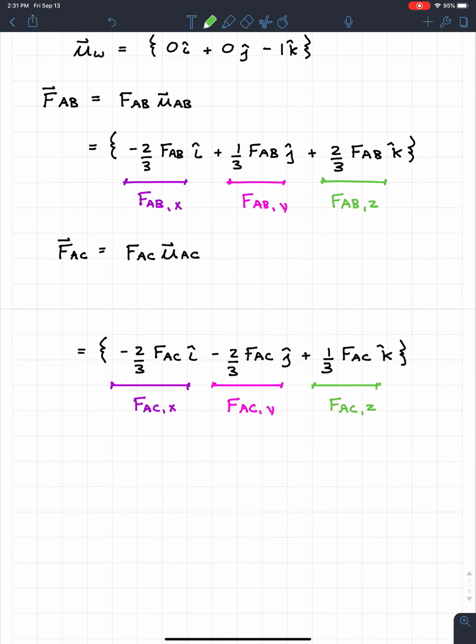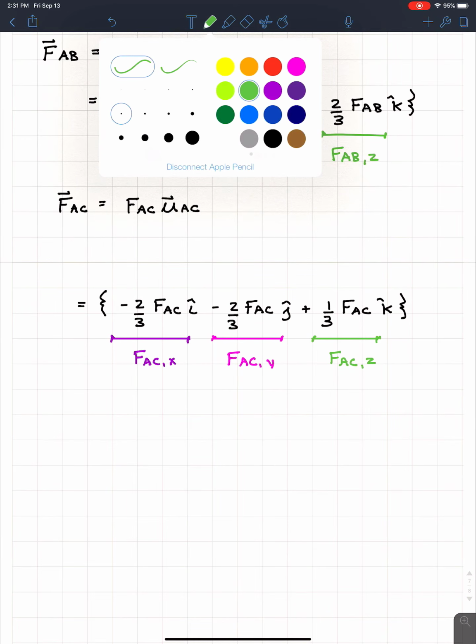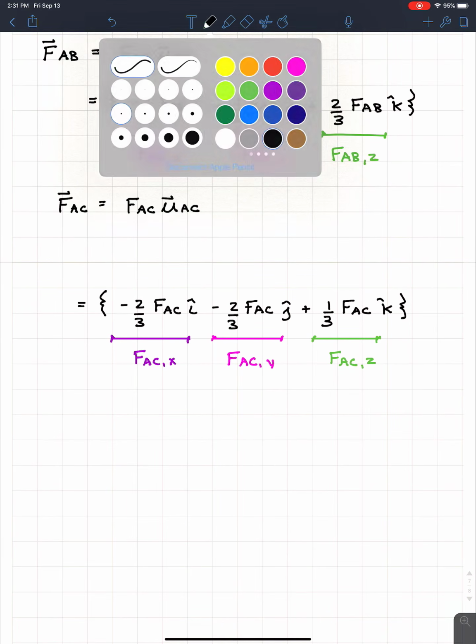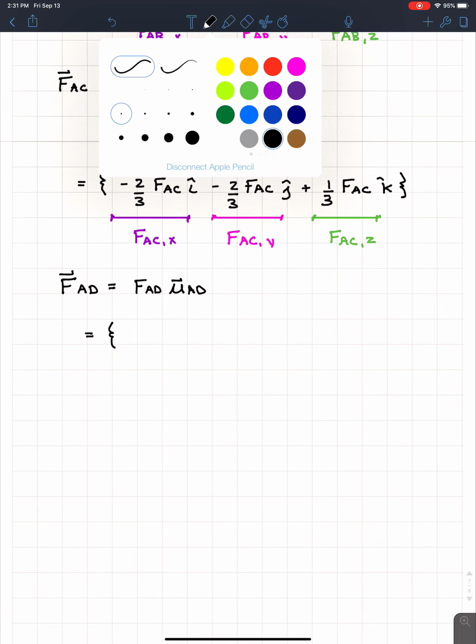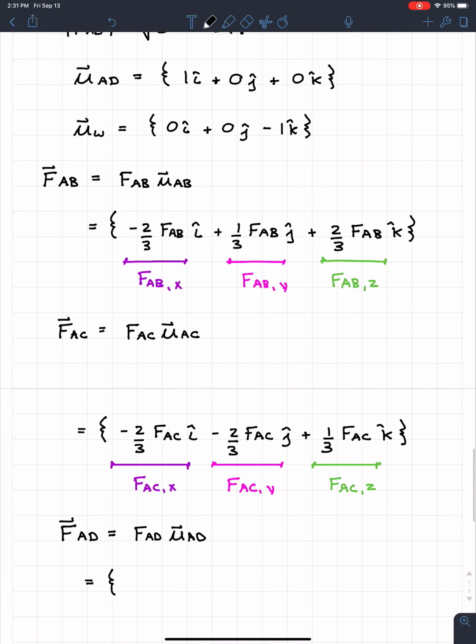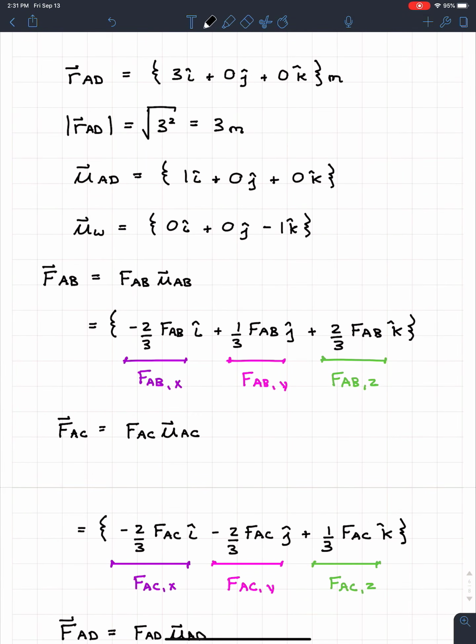Alrighty. So we know we have two more vectors. Going black. Perfect. So the next one, we're going to go FAD. And now it gets easier. Those were the more time-consuming ones. We know it's going to be equal to FAD times the unit vector AD. And what we're going to get is, well, we know unit vector AD is just one i, basically.